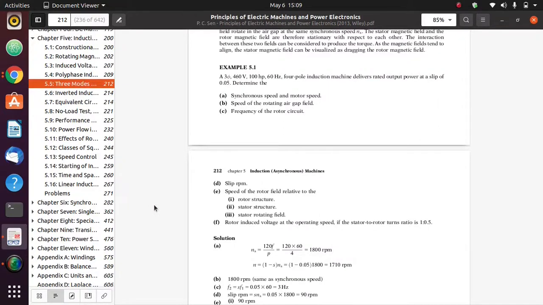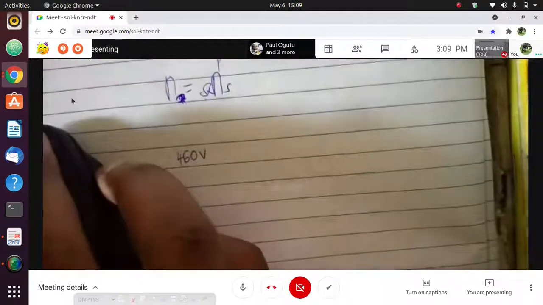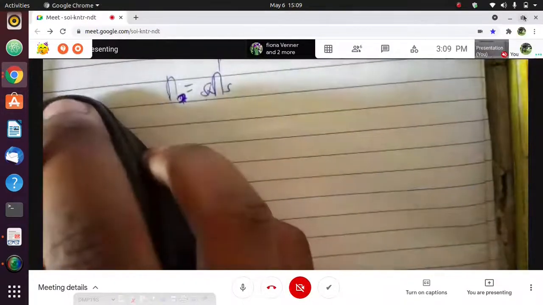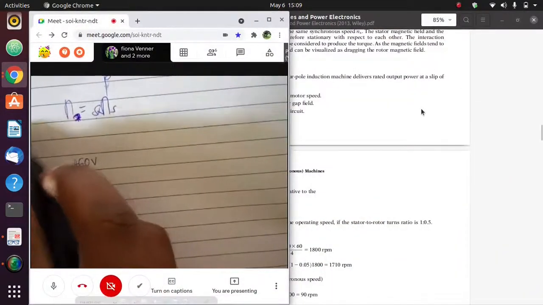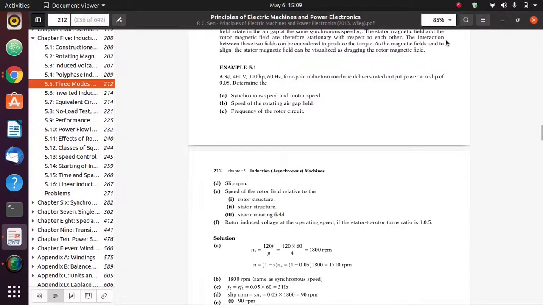The supply voltage is 460 volts. It's 100 horsepower. The frequency of supply is 60 hertz, and it is a 4-pole 3-phase induction motor, delivering a rated power at a slip of 0.05.